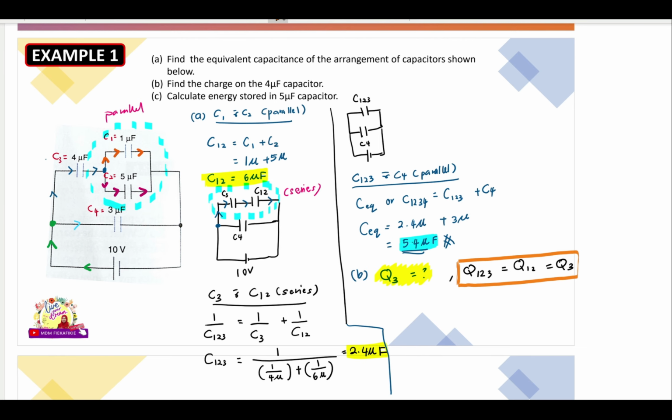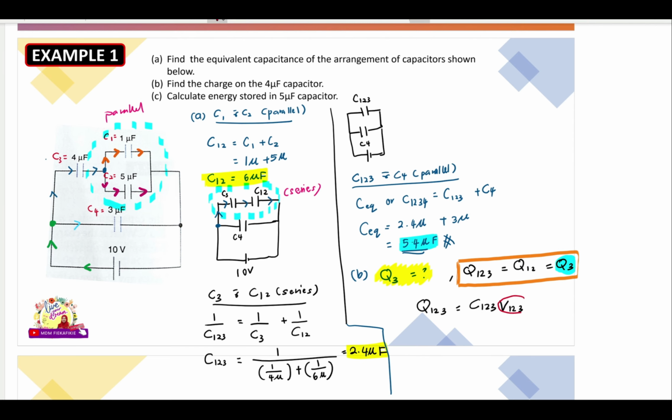Okay, so kita boleh dapatlah straightly Q3 dekat sini by calculating the value of Q123 is equal to C123 times V. So now in order to calculate Q123, kita dah ada nilai C123, tapi kita tak ada V123.